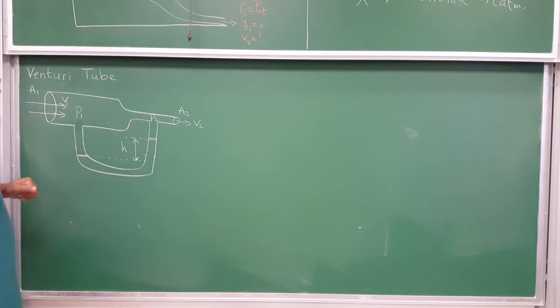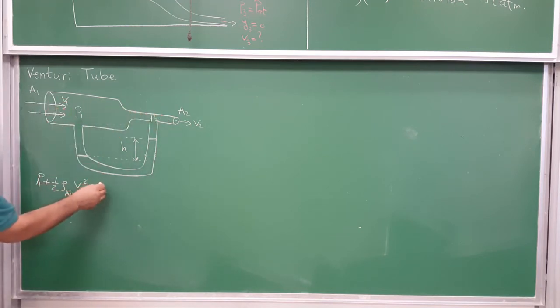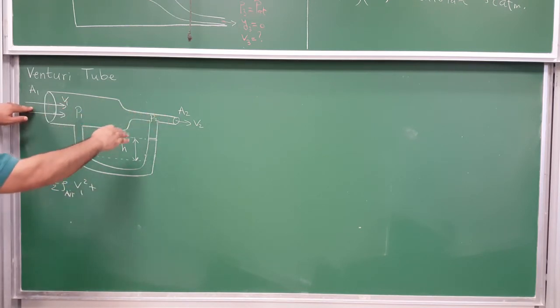The air is moving. So for the air, you will have P1 plus 1/2 rho air V1 squared plus rho g y. They're at the same height, so this will be y and this will be y.